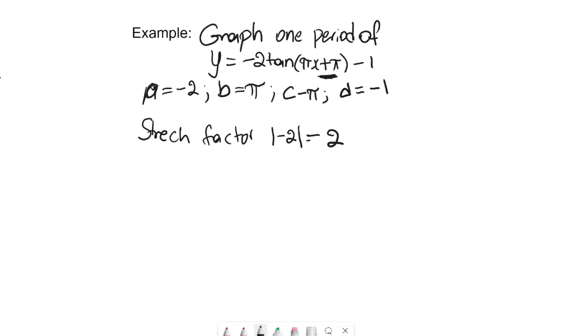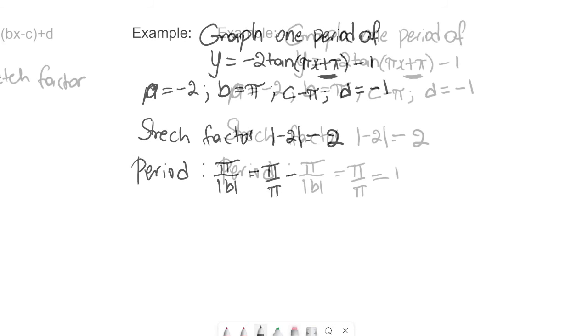Then if we want to look at our period for this graph, that's going to be pi over the absolute value of B, so for us pi over 2. Oh, nope. B is not 2. B is pi. So it's going to be pi over pi, and that's going to be 1. There we go.